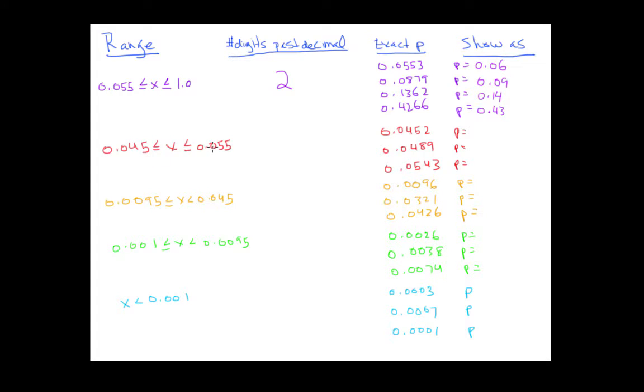Sometimes you find things that are right around that 0.05 border. All of these, for example, would be summarized as 0.05, but we wouldn't really want to summarize them as 0.05 since some of them are a little bit above and some of them are a little bit below, so you want to be a little bit more specific.